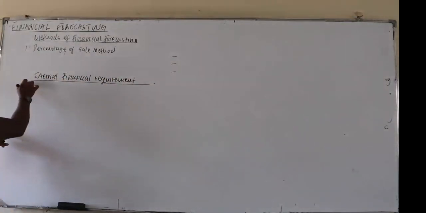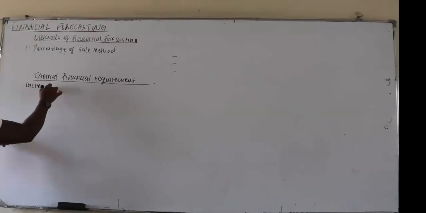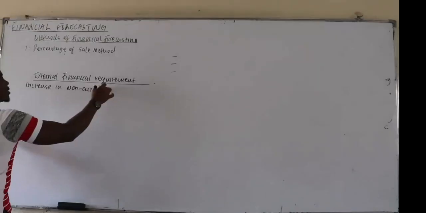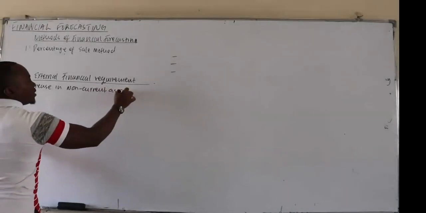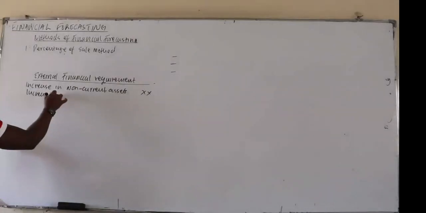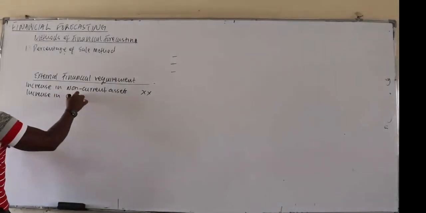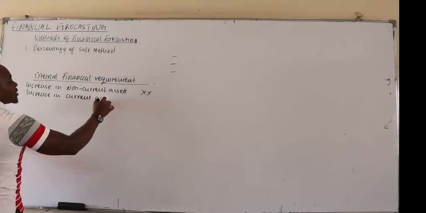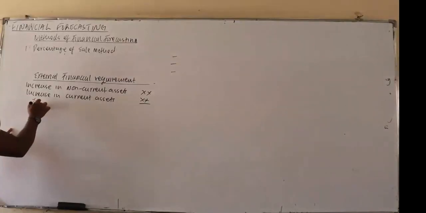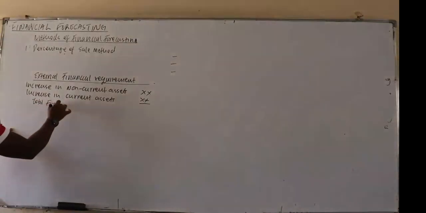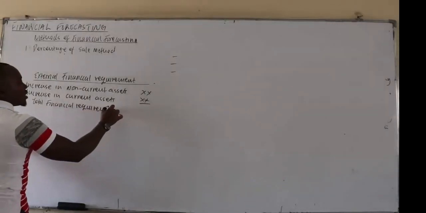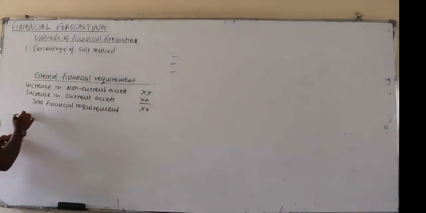We take the increase in non-current assets and add the increase in current assets. If you add the two, you get the total financial requirements.